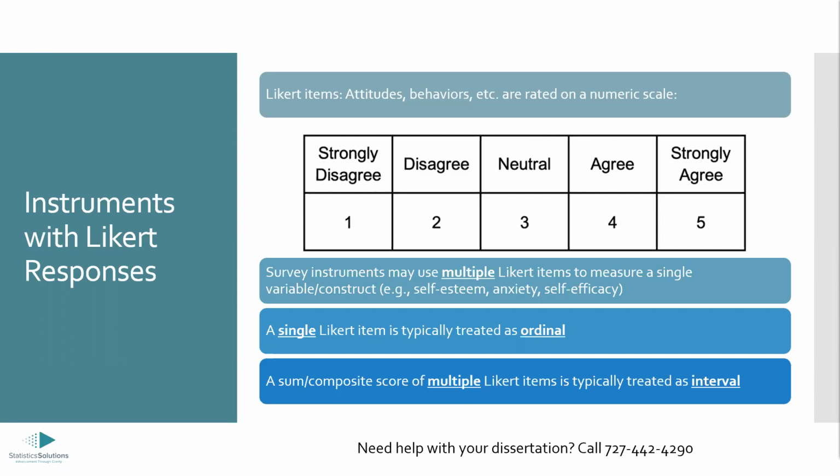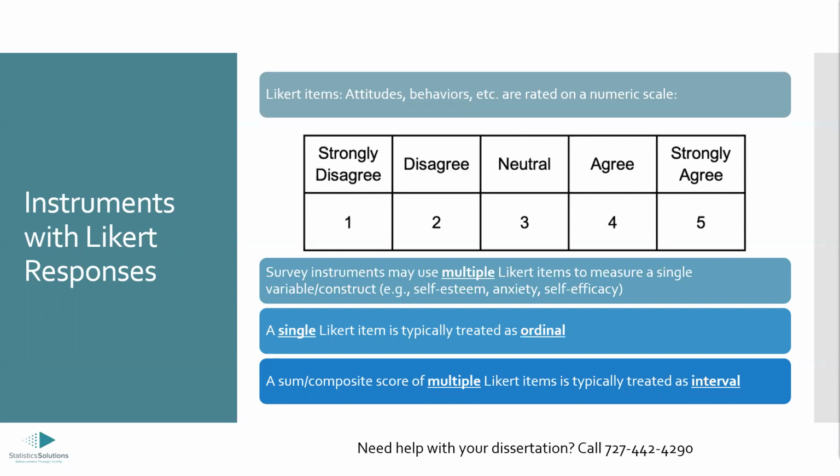So you might have, for instance, a psychological instrument that measures something like self-esteem or anxiety or self-efficacy. And those instruments will likely have multiple Likert items, not just a single Likert item. So maybe you have a self-esteem inventory that consists of 10 Likert items.